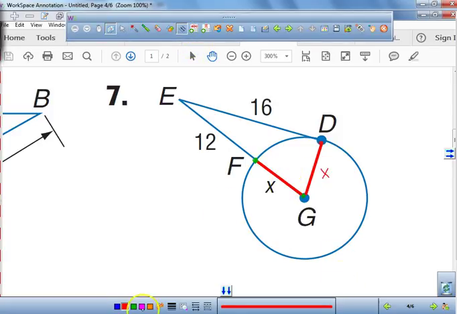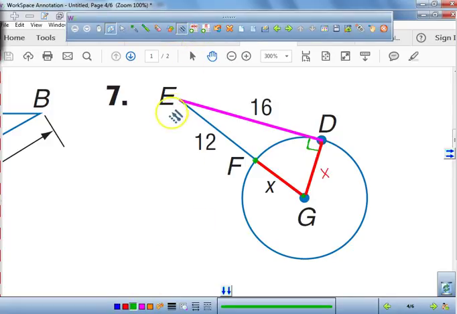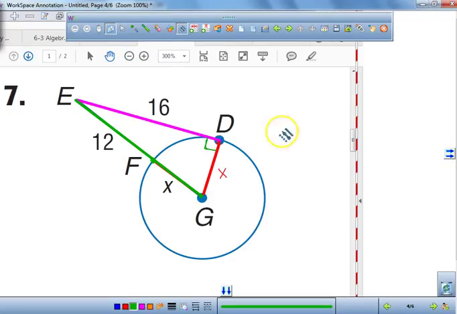I'm going to draw in the tangent segment from E to D. All right? That's the tangent. X is the radius, which means this right here, this is where the right angle is. So, from E all the way to G, what does that represent? That represents the hypotenuse. So here's what I need you guys to write down to help you give a map to the problem. Here we go.